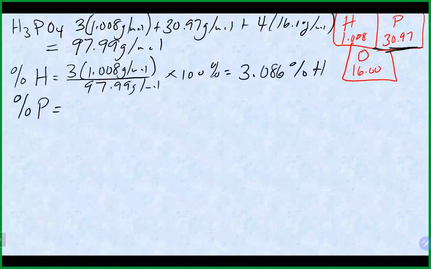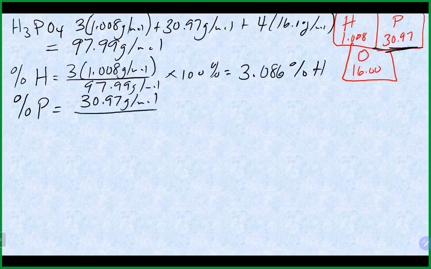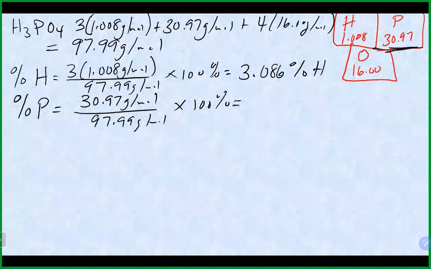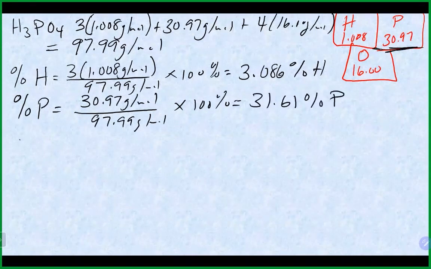We'll do the same thing for phosphorus. In this case, there's just one phosphorus, so that's 30.97 up on top, divided by the molar mass of the entire thing, again times 100%. That would get us 31.61% by mass phosphorus. At this point, since oxygen is the last one, you could subtract from 100 the other two added together, and that would get you your missing percentage.